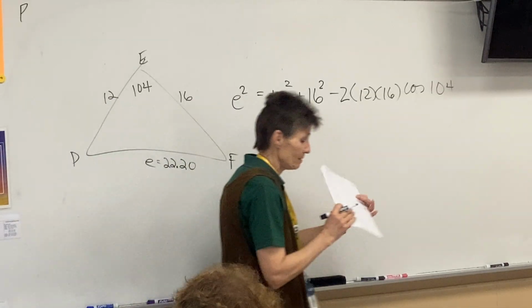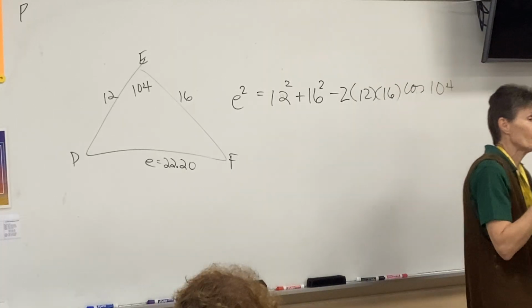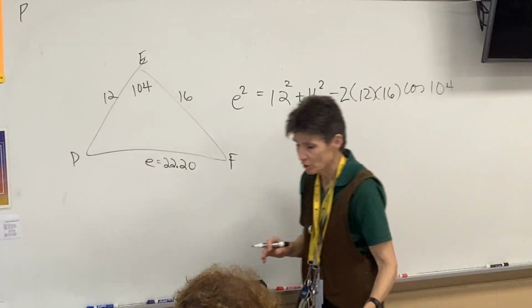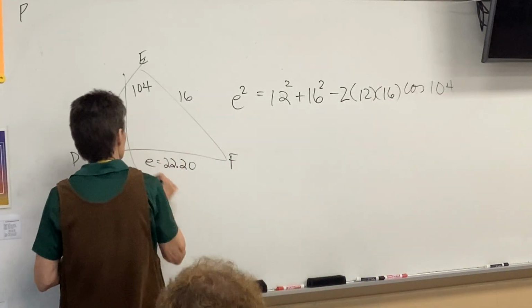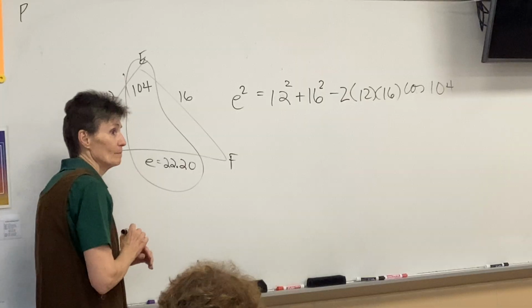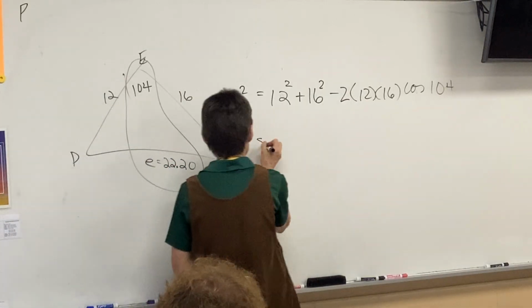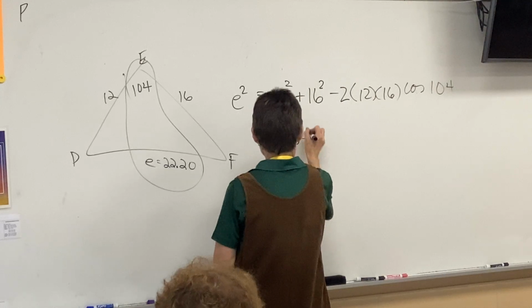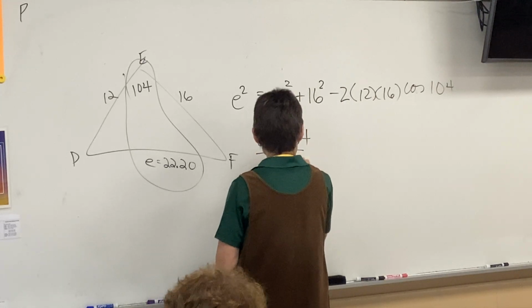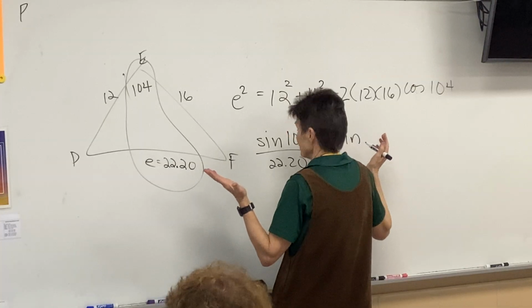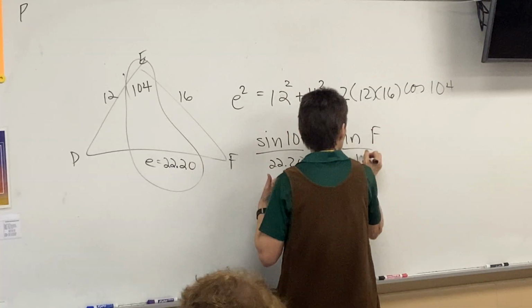But you're not done because look, you got all this stuff to find. So now you look at your problem and what you notice when you look at your picture. Now you've got your pair right there. So now we can say sine 104 over 22.20 equals sine, just pick one, F over 12.